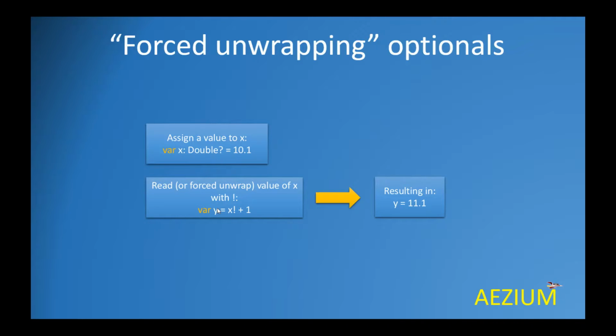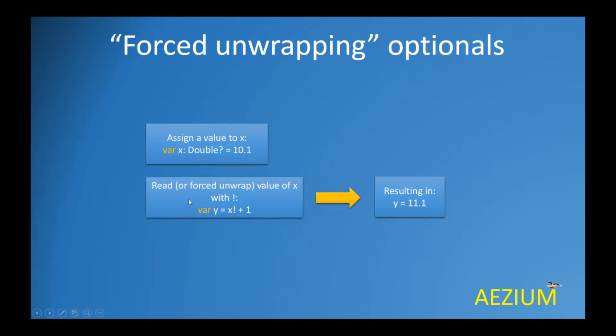So unwrapping is only allowed if we know that our optional parameter has a known value. If its value is nil, unwrapping will not be allowed either. We would still see a runtime error.